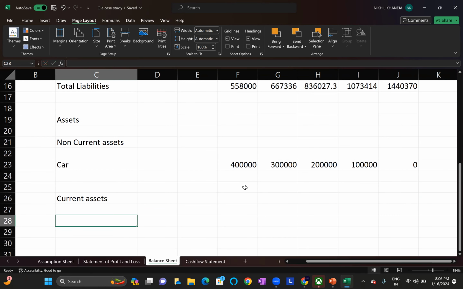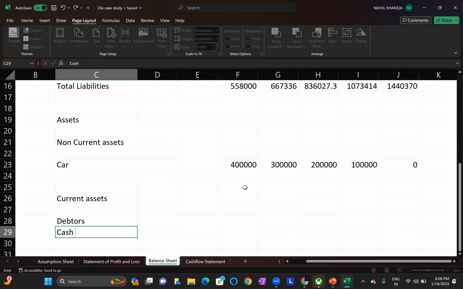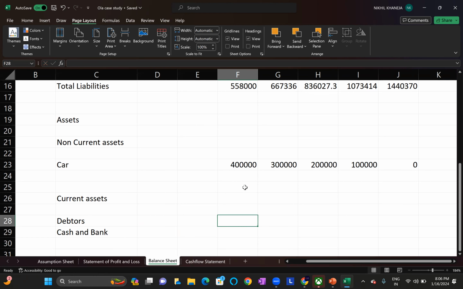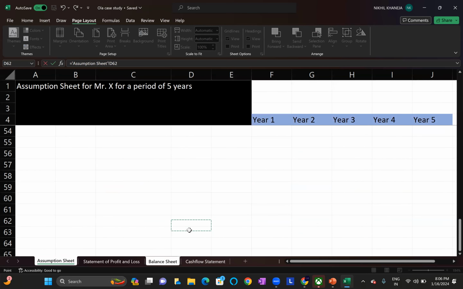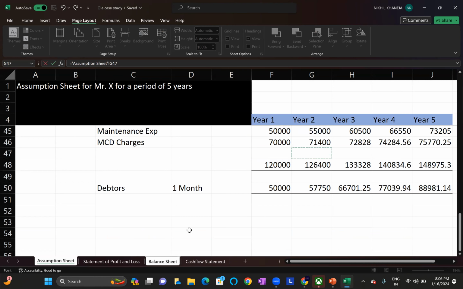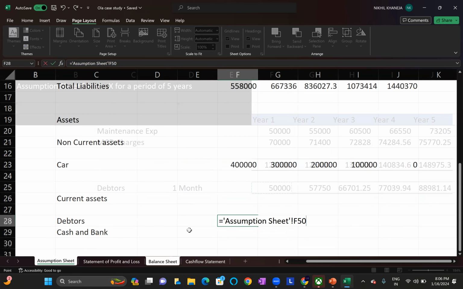Under current assets, I have debtors that we calculated in the assumption sheet, and I'll be having cash and bank balance. Debtors I can link from the assumption sheet. These are my debtors.